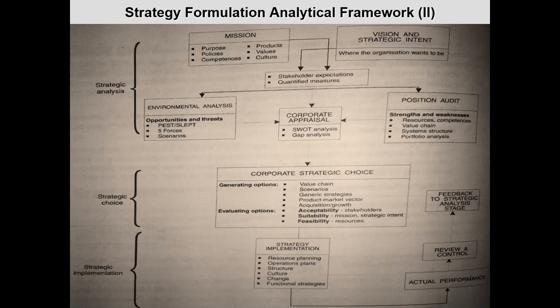Once the strengths, weaknesses, opportunities, and threats are sorted out, that would conclude in our SWOT analysis. Our SWOT analysis is obviously the sum total of the opportunities, threats, strengths, and weaknesses. And once the SWOT analysis is done, we reach the level where we can find out the gap. Now, the gap analysis is focusing upon the gaps in performance.